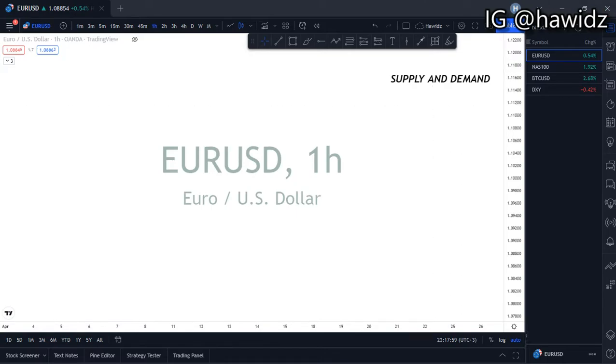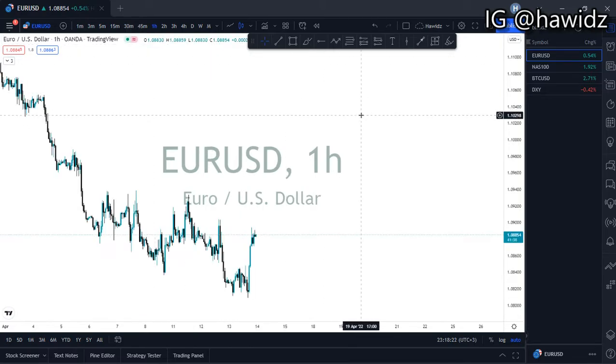So in trading or in forex, supply simply means selling and demand simply means buying. So supply zones are the zones that we're simply gonna be selling from, and demand zones are zones that we're simply gonna be buying from. That being said, let's go to the charts.